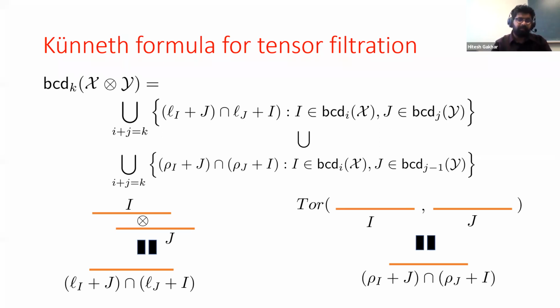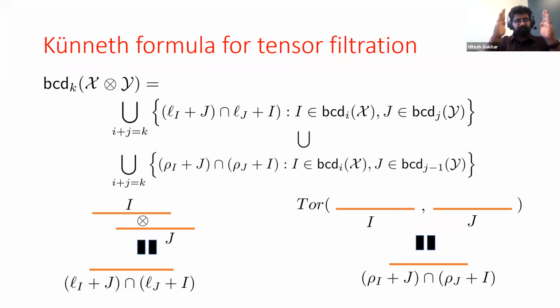There's nothing mysterious here. It's essentially equivalent to the split exact sequence we have, because when it splits, it tells you that the middle term is naturally isomorphic to the top term and the bottom term. So each bar in the middle is either a result of tensoring two bars or taking the Tor of two bars.